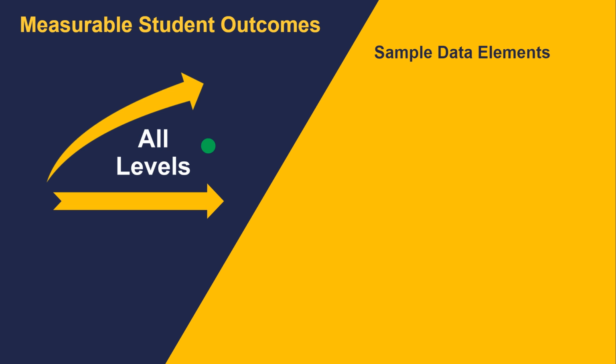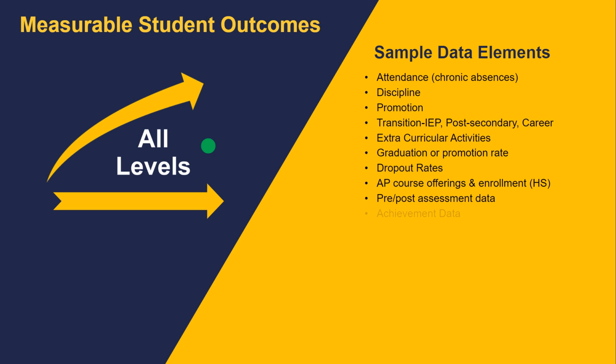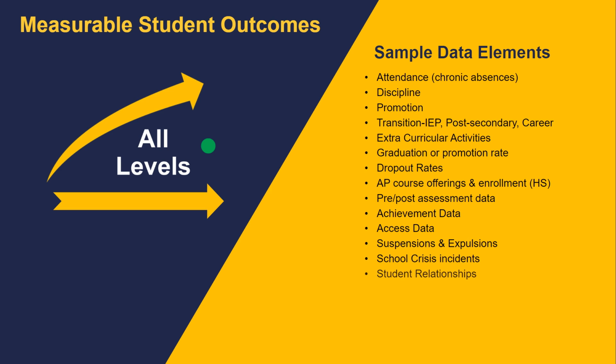Here are just a few examples of data that you can use: attendance, chronic absences, discipline, promotion, transition, IEP, post-secondary planning and career, extracurricular activities, graduation or promotion rate, dropout rates, high school AP course offerings and enrollment, pre- and post-assessment data, achievement data, access data, suspensions and expulsions, school crisis incidents, student relationships, behavior intervention plan data, bullying incidents.